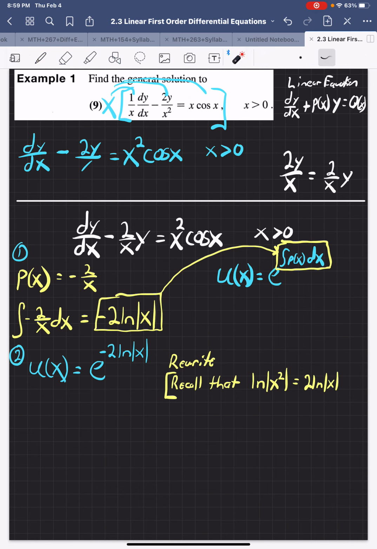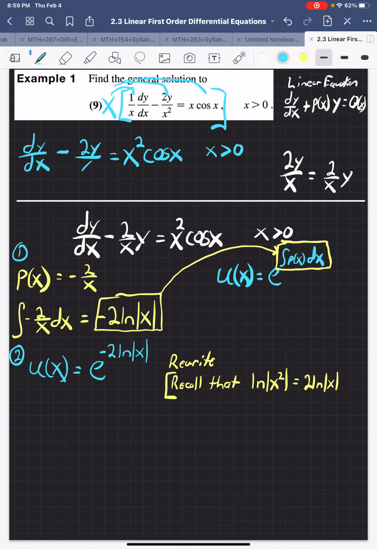So what we're going to do instead of bringing the 2 out front like this, we're going to be going the other way. We're going to be bringing the 2 inside. So this negative 2, we're going to rewrite inside ln. Going to make things a little bit easier.